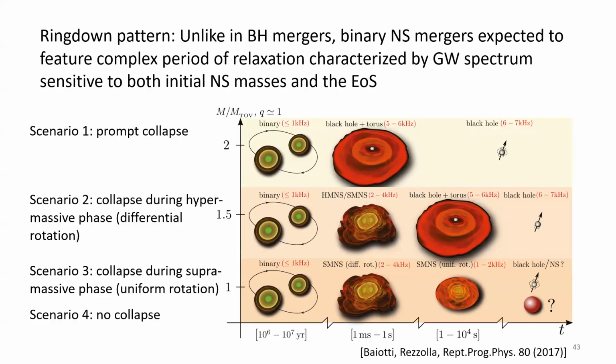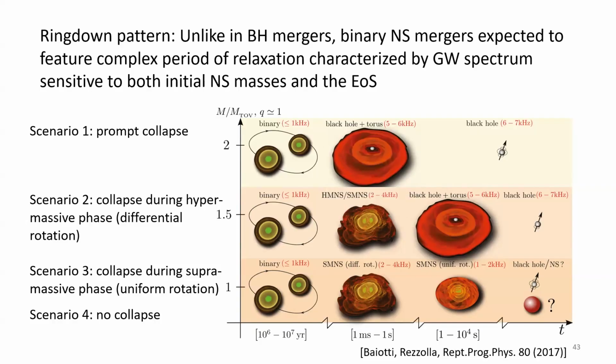Nothing interesting happens. But then there are two other scenarios, the so-called hypermassive and supramassive neutron star scenarios, which are much more interesting. In both of these cases, a more long-lived system, one that lives some hundreds of milliseconds or some seconds, is formed, which is a differentially rotating system, where there's no uniform rotation speed for the entire system.